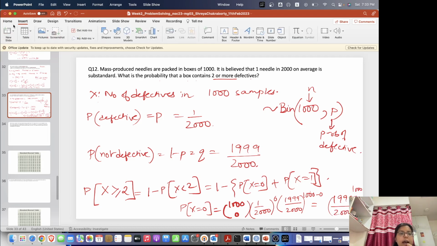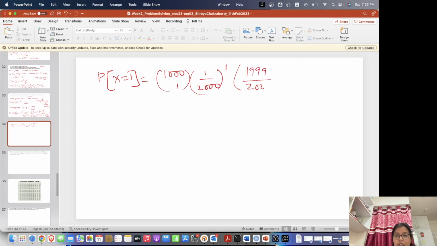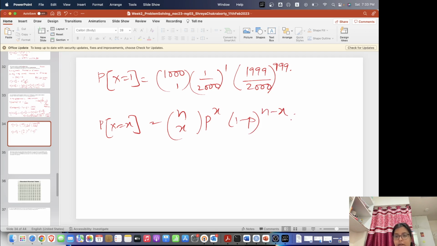Clear? And similarly, probability X equal to 1 will be 1000 C 1 p to the power x into q to the power 1000 minus x. Because binomial probability is n C x p to the power x, 1 minus p to the power n minus x. This formula we have used.